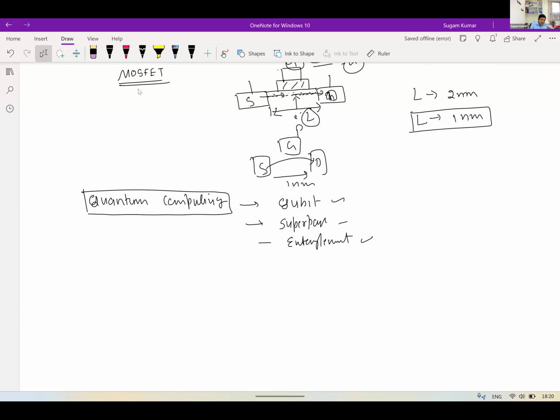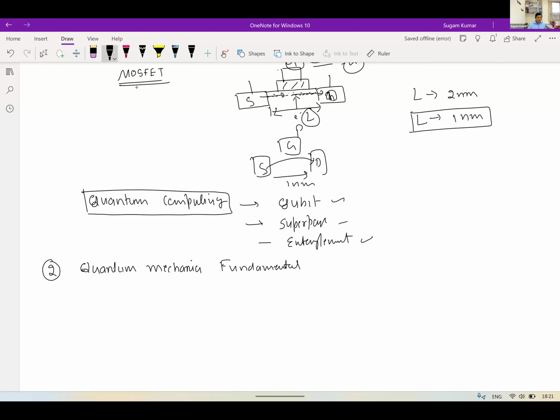So in the second part, before we go to quantum computing, we need to understand certain basic concepts. My second part will be certain concepts of quantum mechanics. We will try to understand the quantum mechanics fundamentals. That is the second lecture.